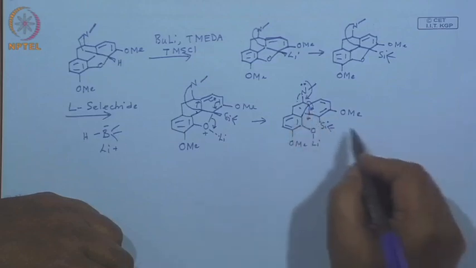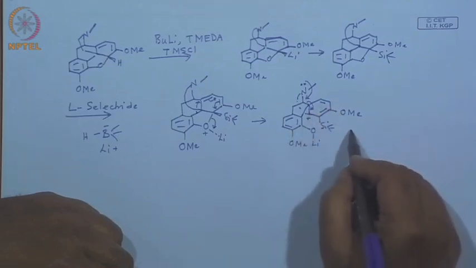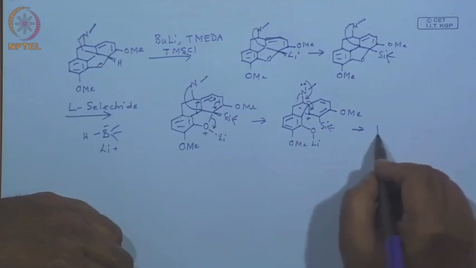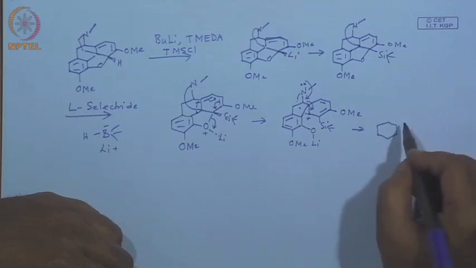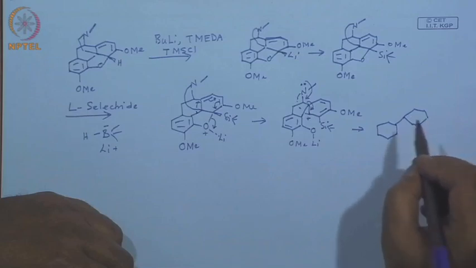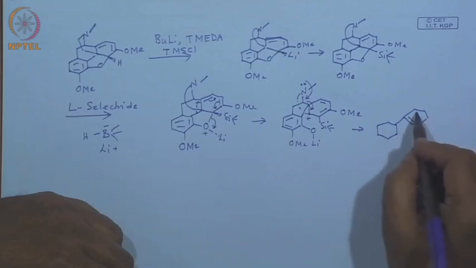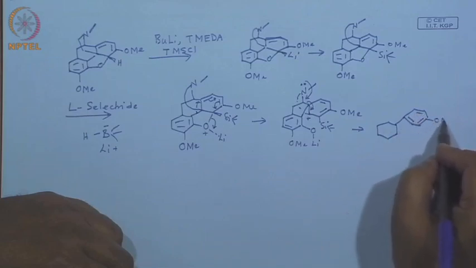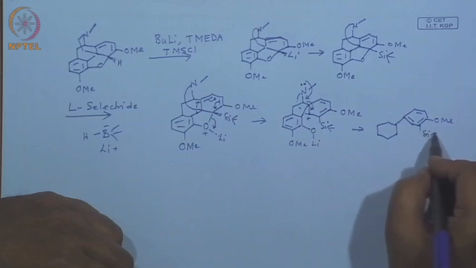So, the way it is written, you can just write without disturbing anything. Let us say we will have this, this is now double bond, methoxy here, and this is silicon.